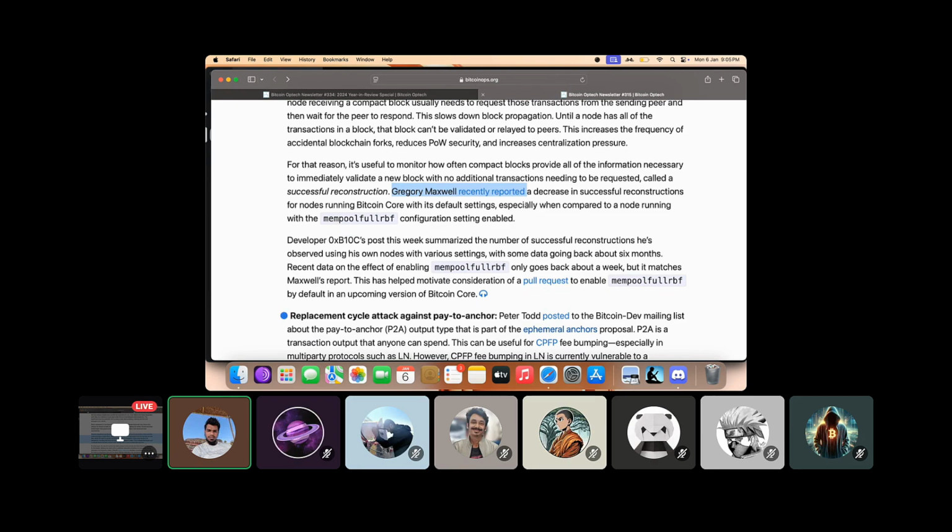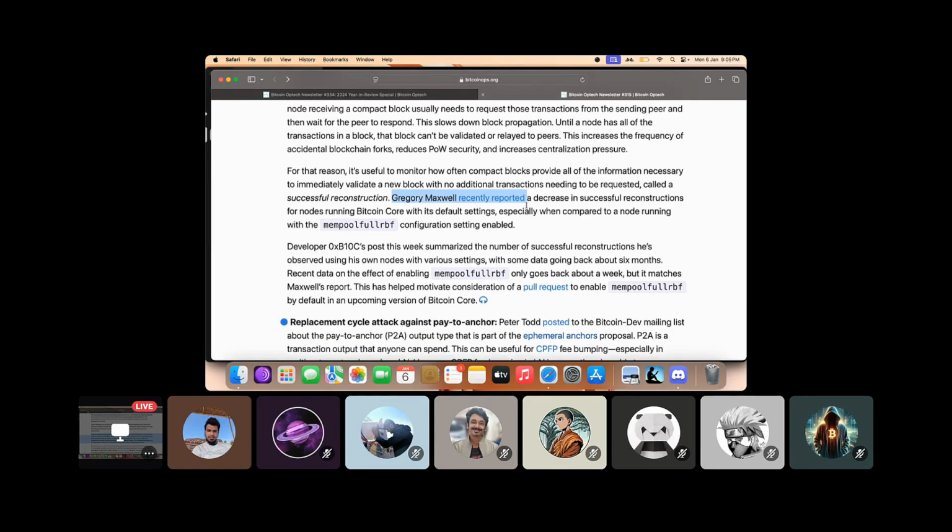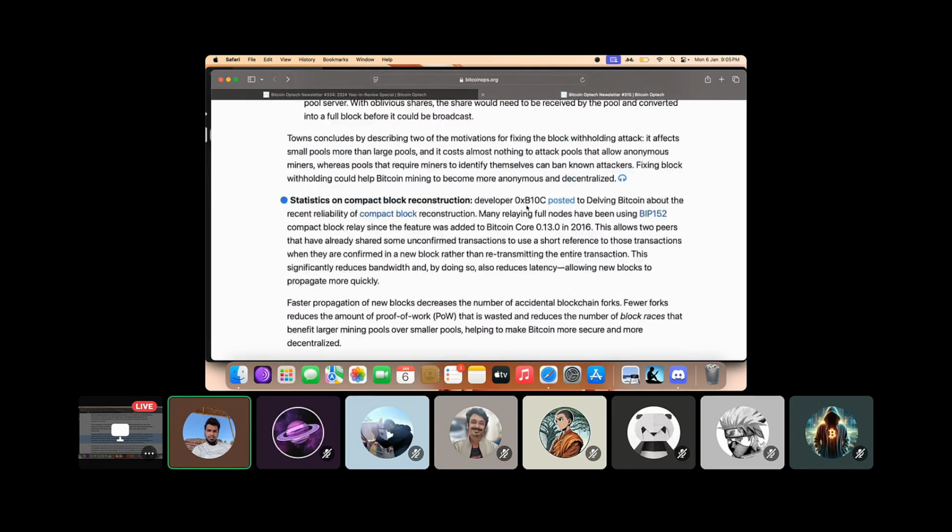And currently, mempool full RBF is on by default, thereby reducing the overheads for non-mining nodes of validating a block that is mined by a mining pool. All right. That is what this article talked about: how compact block construction reduces the overheads of block validation. However, this was being impacted by the fact that the mining nodes had different mempool policies and the non-mining nodes had different mempool policies.